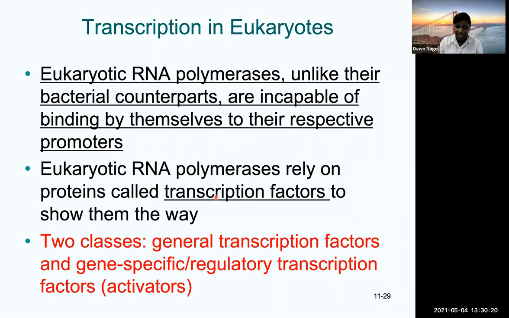And there are two classes of transcription factors we will talk more in detail about. Those are the general transcription factors, which are the most important. And then you also have these gene-specific transcription factors, which function as activators, okay? And they really help to recruit the polymerase to the promoter of that gene to be transcribed.